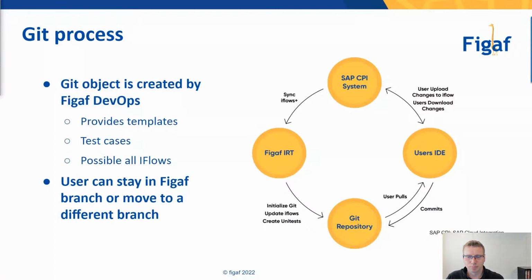It will then push this to a repository, and then the user from his IDE can go in and pull all of these changes. By having all of your iFlow in a repository, it makes it really easy to search for specific code, content, etc., making it a lot easier for you to manage the workflow.